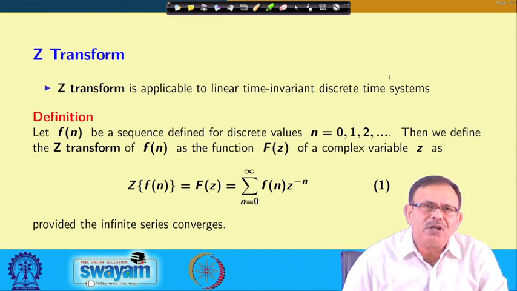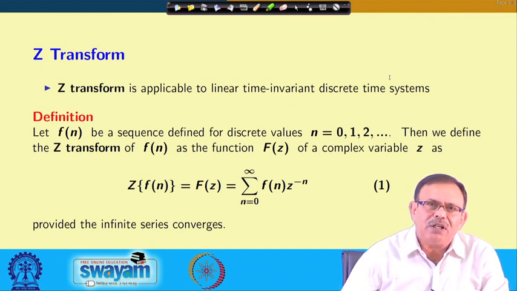So, the Z transform of f n, where f n is a sequence defined for discrete values n equals 0, 1, 2 and so on, equals summation n equals 0 to infinity f n z to the power minus n.